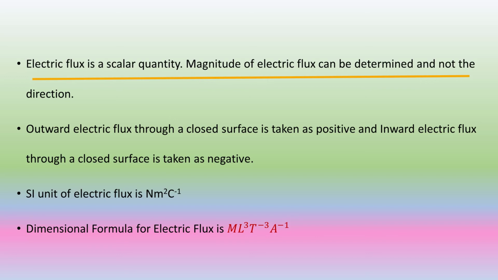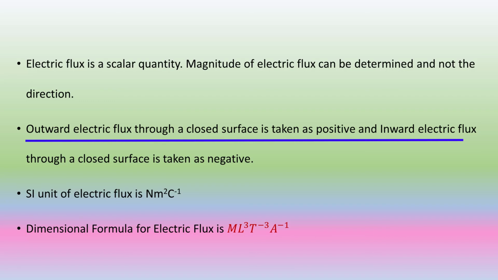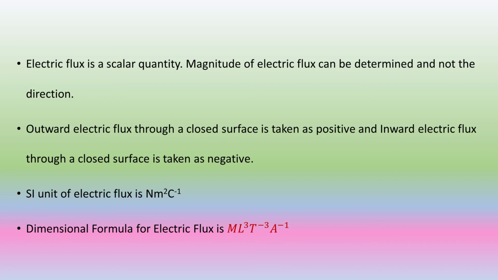Outward electric flux through a closed surface is taken as positive, and inward electric flux through a closed surface is taken as negative. It means that for positive flux, the charge enclosed is positive, but if the direction is inwards, it means the charge enclosed is negative.